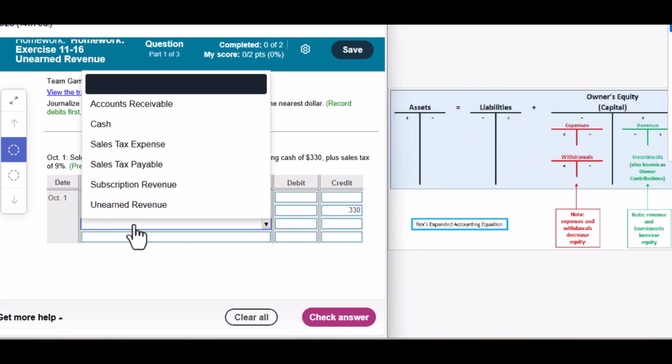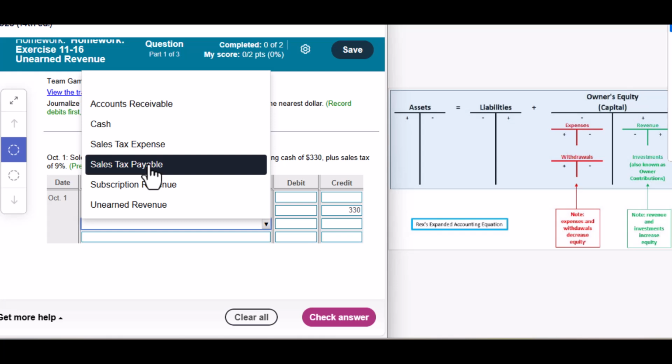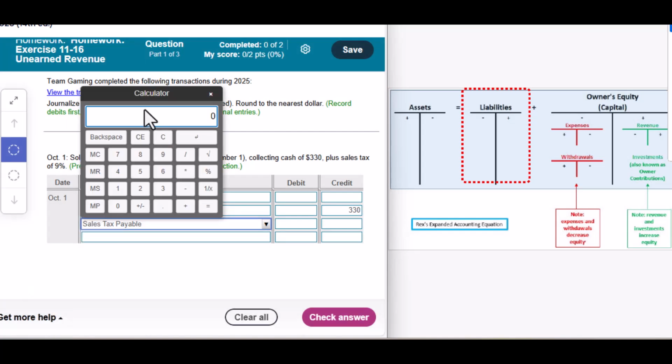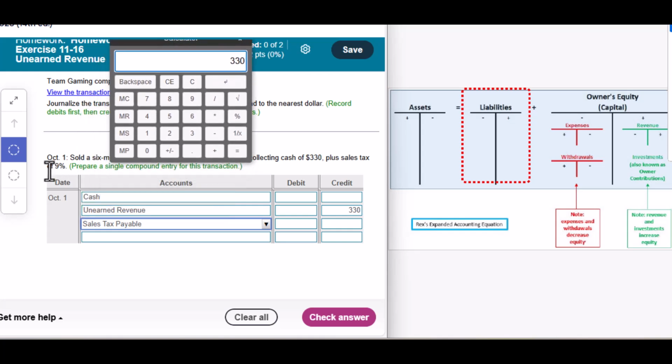And then we have sales tax payable to deal with here. So 330, we can pop open our handy calculator at the bottom here, or use your own. So we have 330 multiplied by 9%. So we can do times 9%, key.